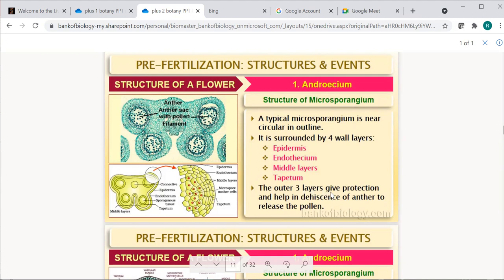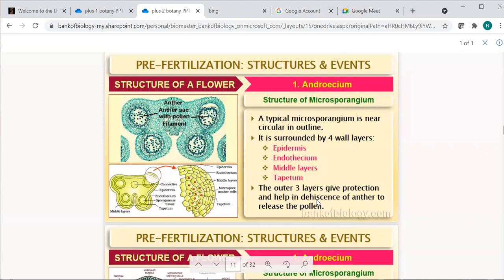So the outer 3 layers give protection and help in dehiscence of anther, that is, help in bursting of anther to release the pollen. Dehiscence means bursting.